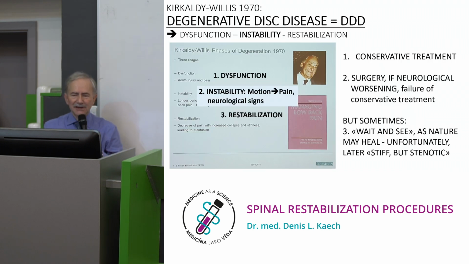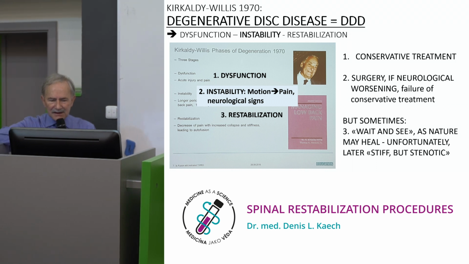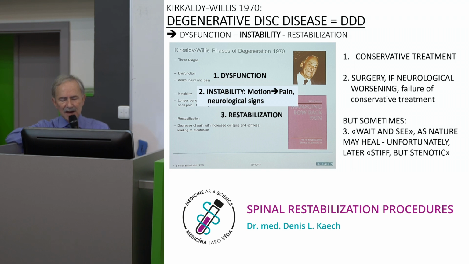I talk about degenerative instability, degenerative disc disease, and degenerative instability. There are three phases in the life: dysfunction when the disc gets older, then instability where motion causes pain, sometimes neurological signs, and then comes the stage of restabilization.